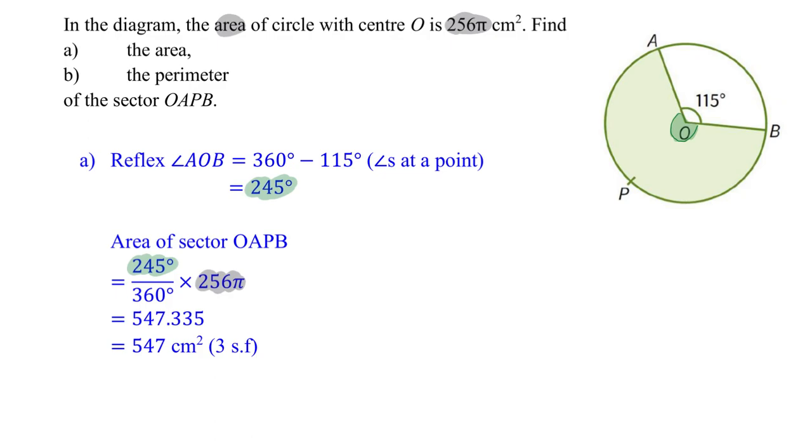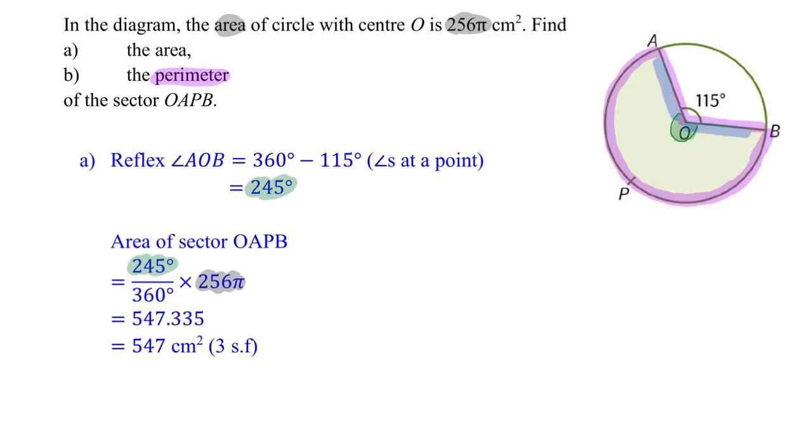As for the perimeter, we need to look at A to P to B, including my radius. So the very first step for us is, what is my radius here?